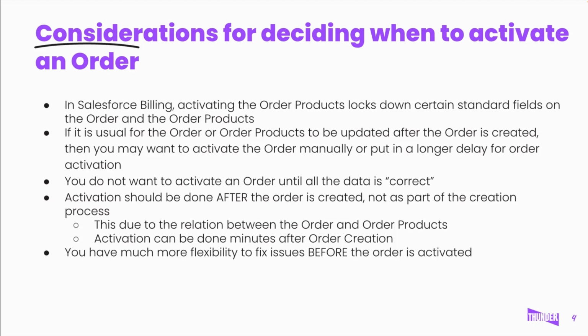If you have to update those to align with your changes on the order post-activation, it's just more opportunity for data entry issues and data mismatches that can have impacts for things like renewals or amendments, and then invoicing within Salesforce billing going forward.